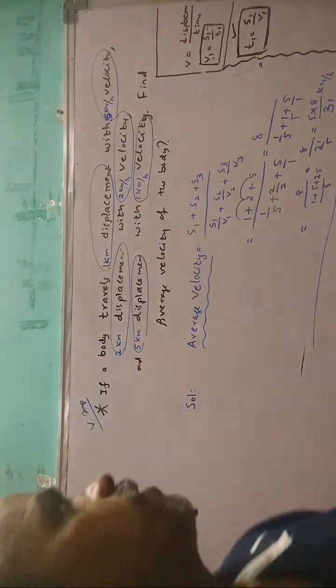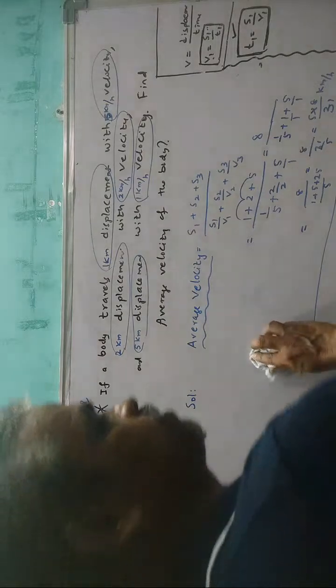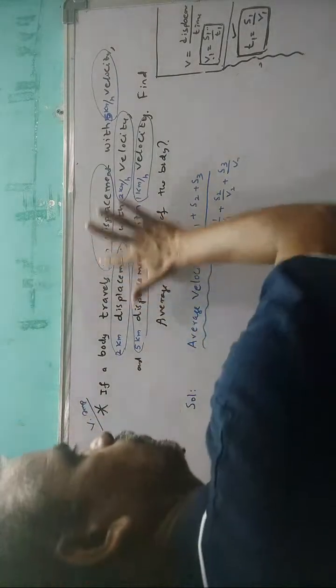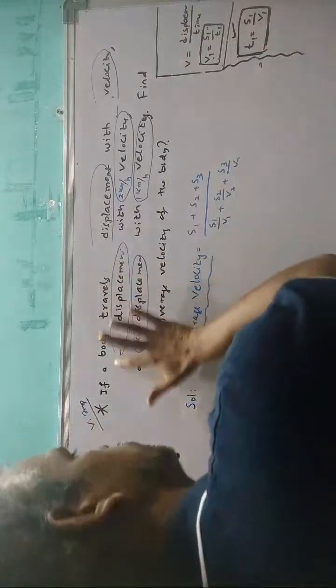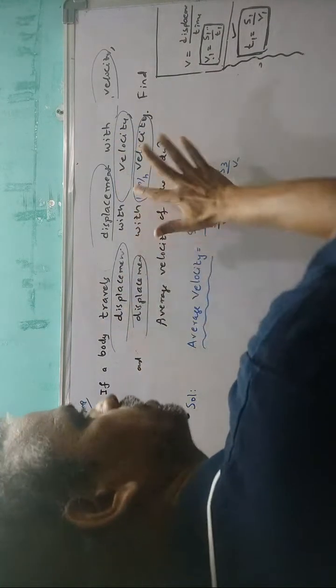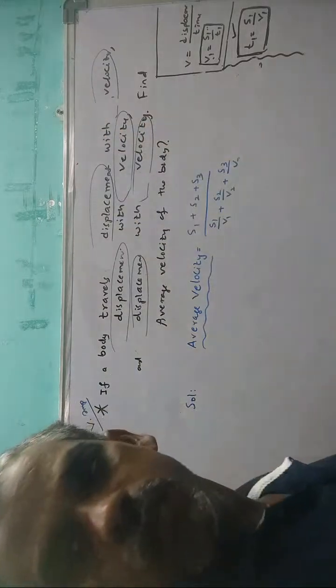Okay, we will do one more. I will give one more problem for this one. Same method, you simply do it. I'm rubbing here also, I am removing, then here, then here.